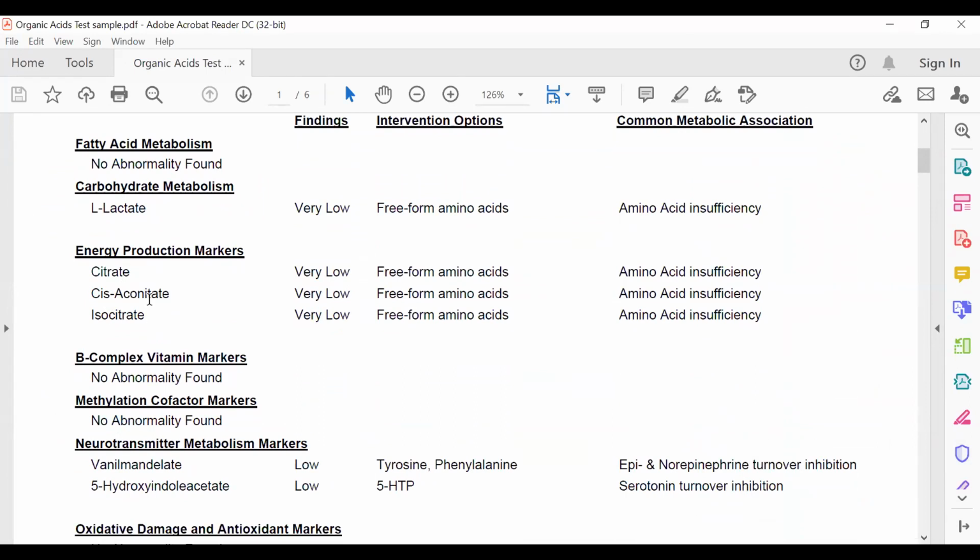Okay, that's why maybe somewhere in the long-term memory, remember succinate, citrate, and all those words. And then this test helps us understand that we need to support a person's mitochondria. The report is much more detailed. We even go into neurotransmitter metabolism, protein metabolism, even details of fatty acid metabolites.